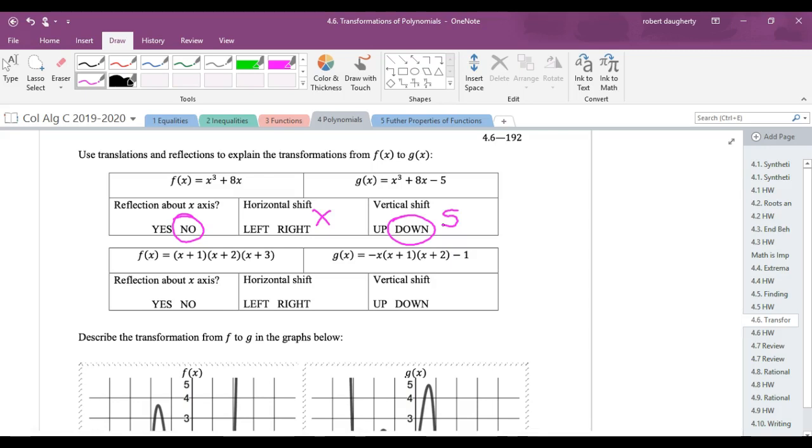Looking at the next one, has it been reflected? Yes. And then did it move horizontally? So I got to figure out what could turn an x plus 1 into an x. Right, minus 1. What could turn an x plus 2 into an x plus 1? What could turn an x plus 3 into an x plus 2? So I'm doing the same thing.